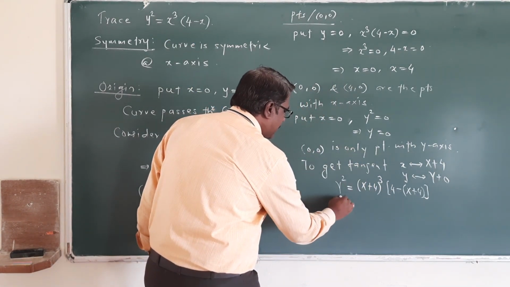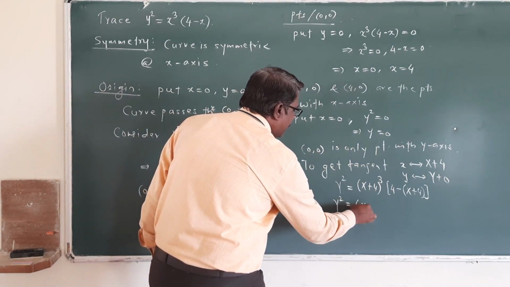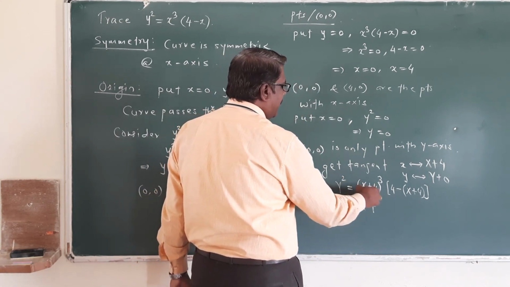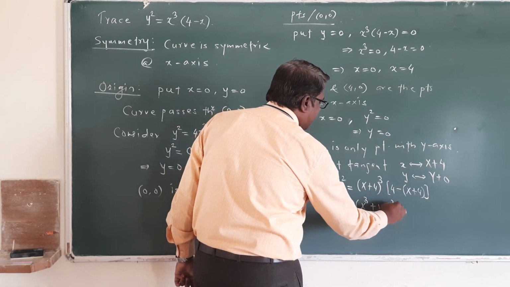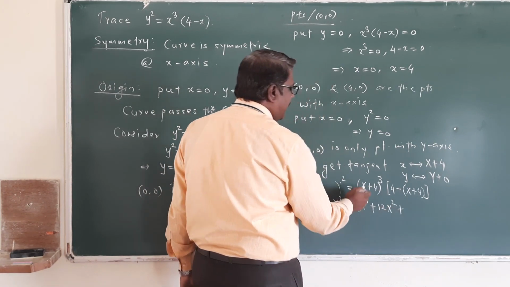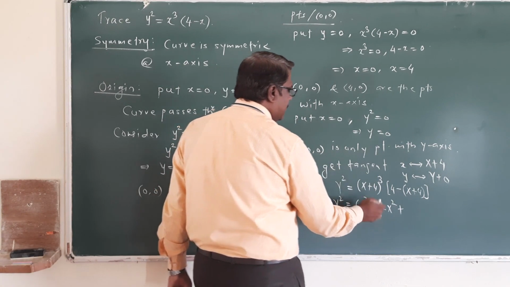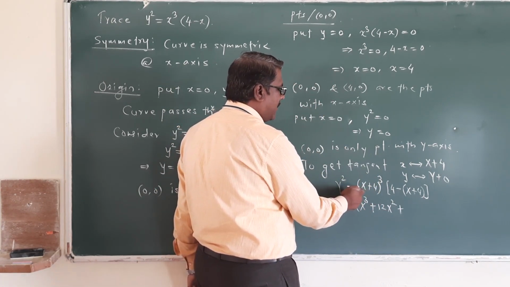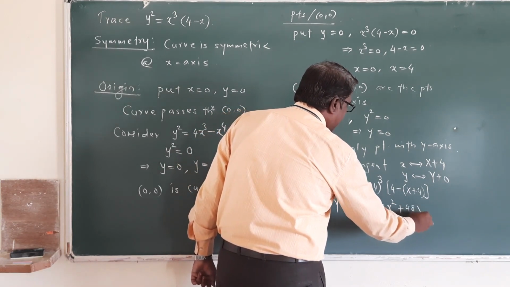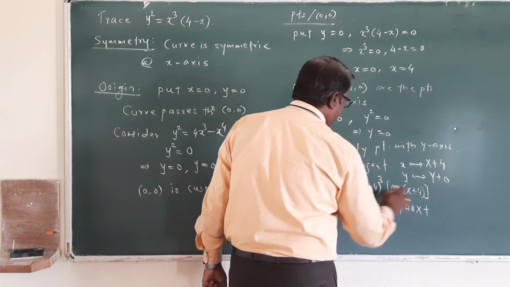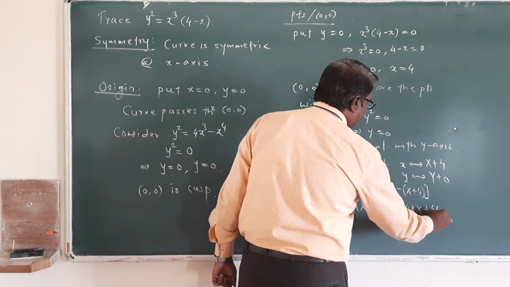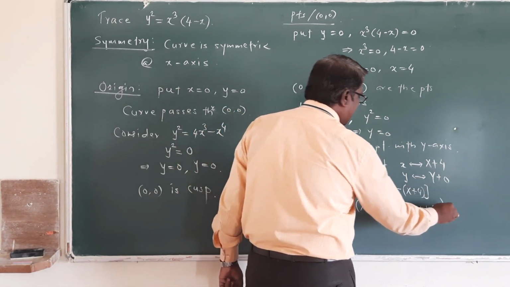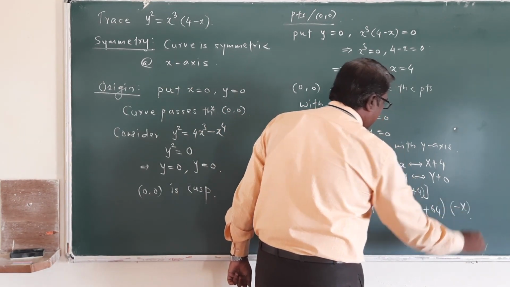This is nothing but Y square is equal to X cube plus 3a square b, so it is 12X square, plus 3ab square. So b square is 16, 16 into 3, it is 48, so 48X plus b cube, it is 64, bracket complete, and here 4 will get cancelled, the remaining minus X.